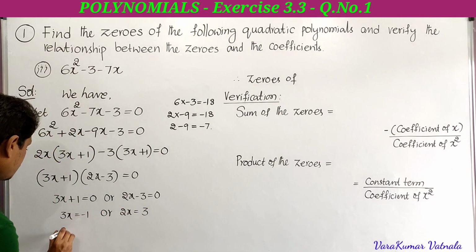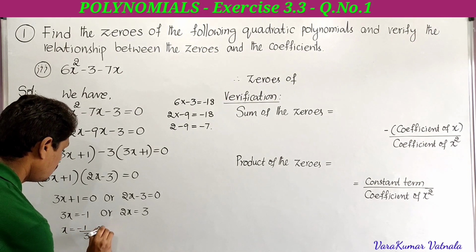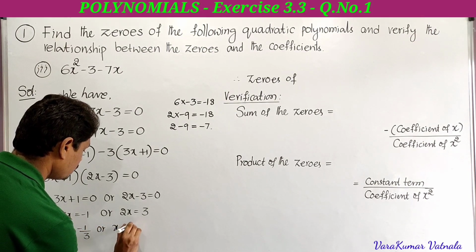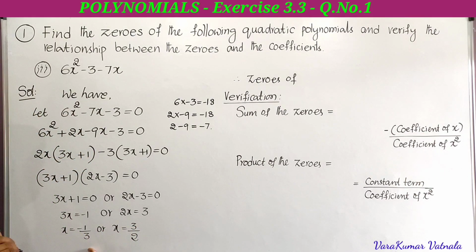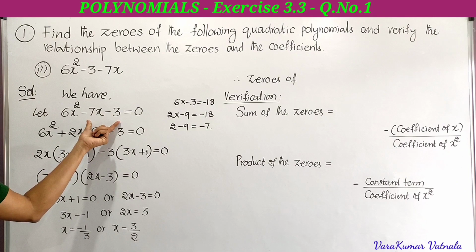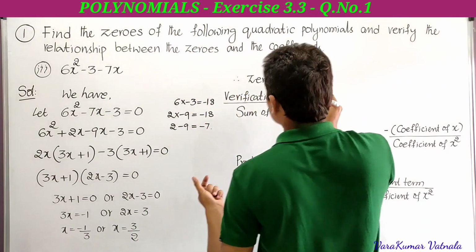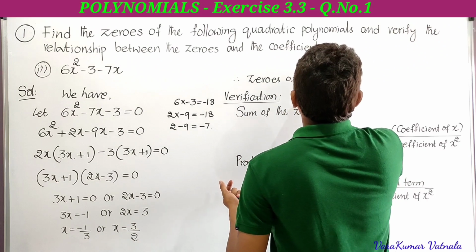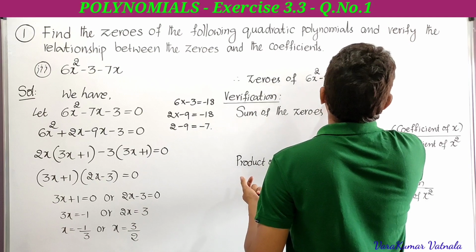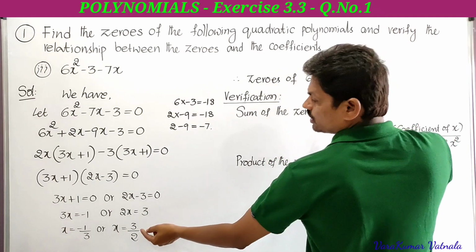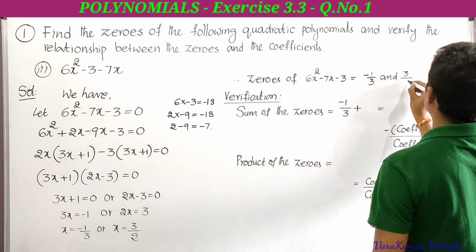So x = −1/3, or x = 3/2. Now these two are the zeros of the given quadratic polynomial. Therefore the zeros of 6x² − 7x − 3 are −1/3 and 3/2.